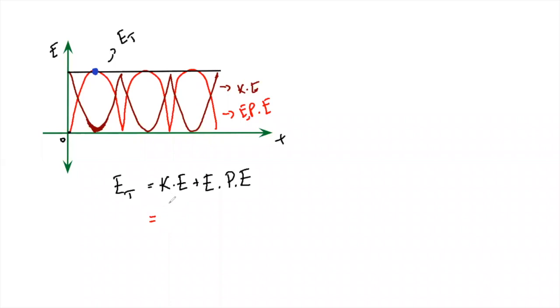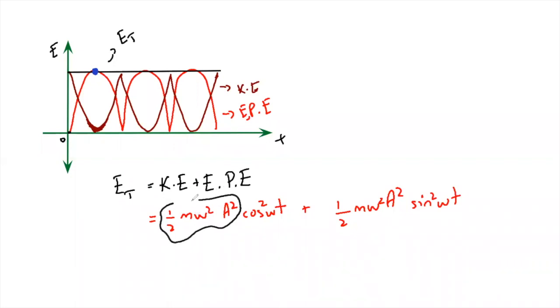So I know that kinetic energy is 1 over 2 m omega squared a squared cos squared omega t. And I know that EPE is 1 over 2 m omega squared a squared sine squared omega t. Now, we know that this thing right here is common in both scenarios.